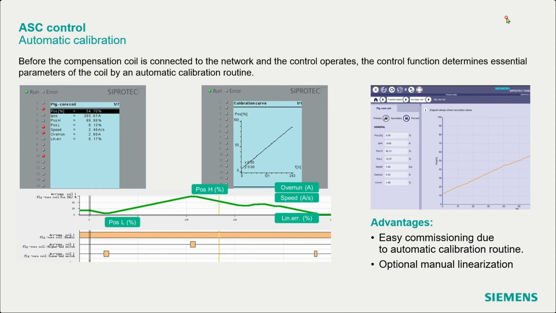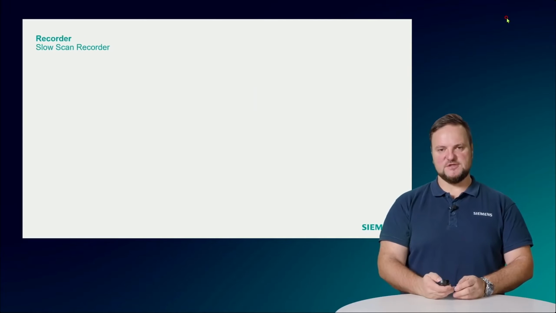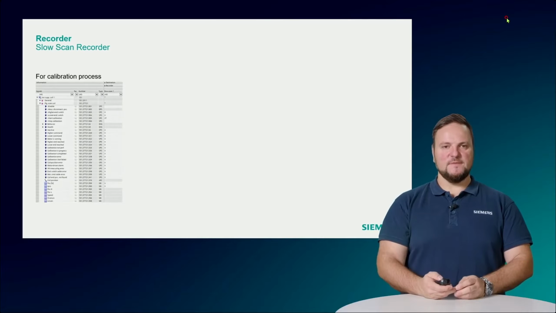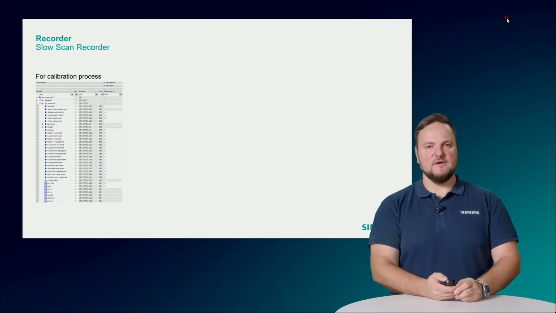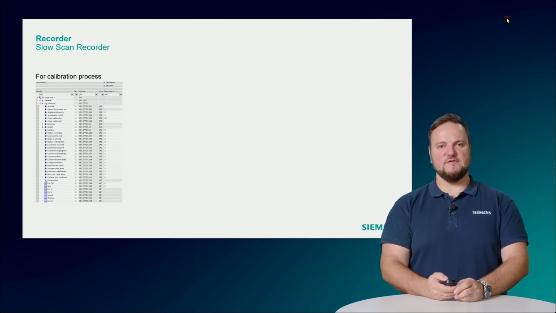That means if the linear error related to the potentiometer input is too big, you also have the possibility to make a linearization. Then there is the possibility via the slow scan record, so every SIPROTEC 5 device has the possibility for a slow scan recorder, or to add a slow scan recorder.